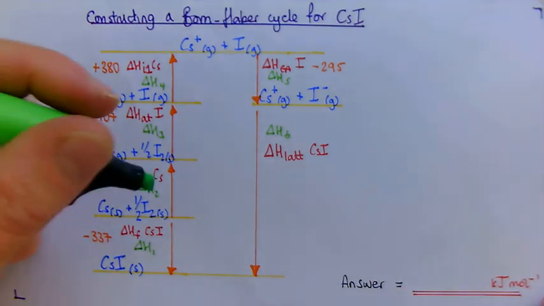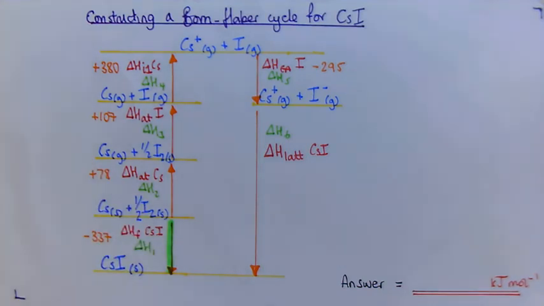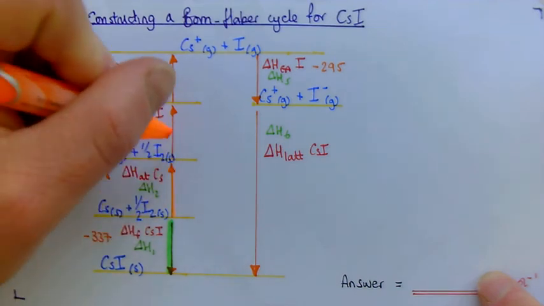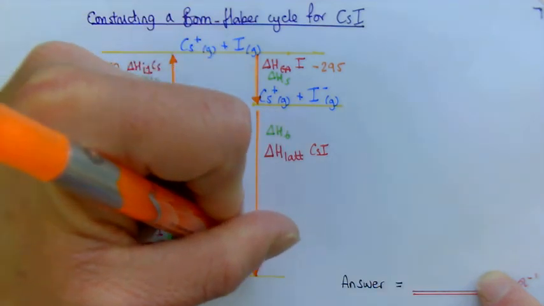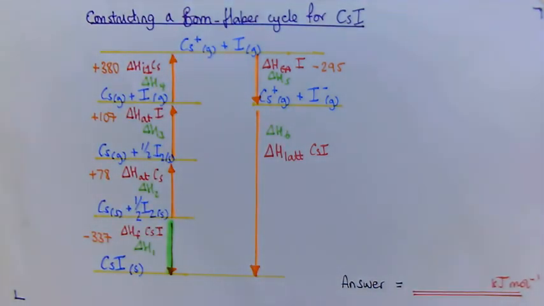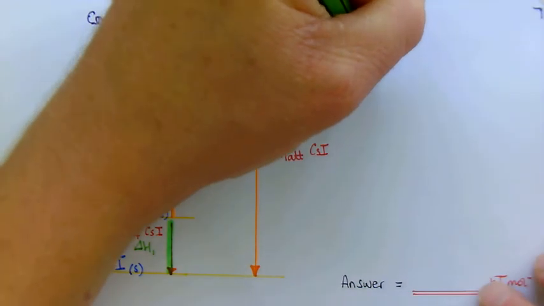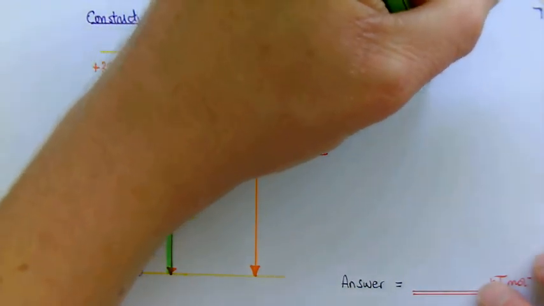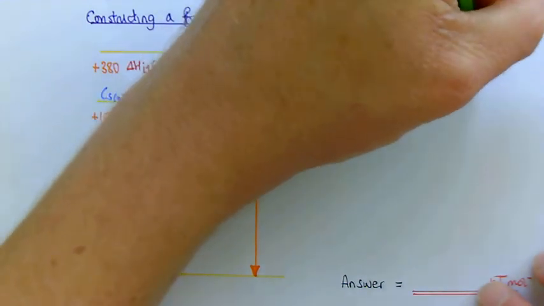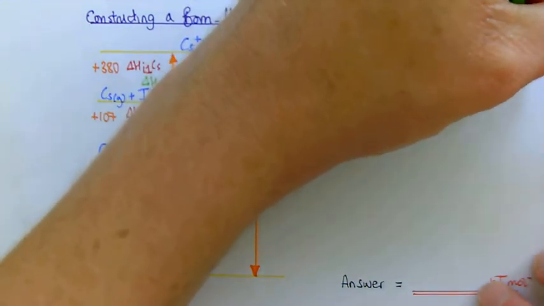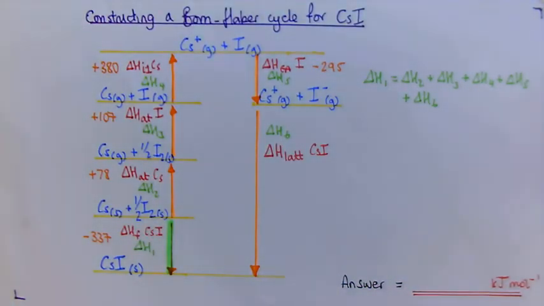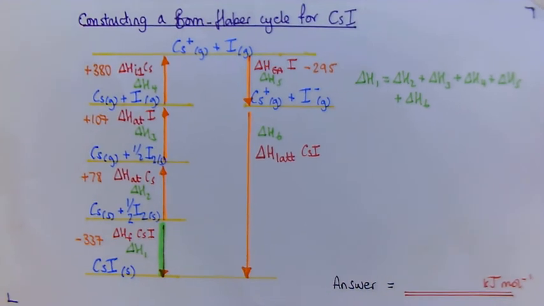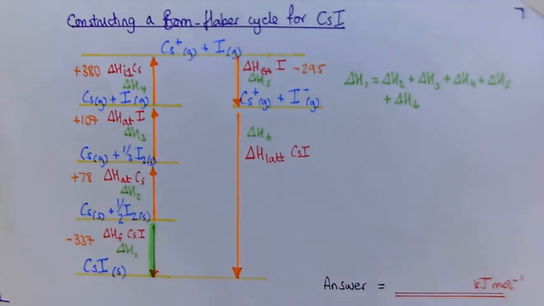You can see that as a cycle, this arrow goes one way, but for the rest of the cycle, the arrows go the other way. So we can write a simple equation: delta H1 equals delta H2 plus delta H3 plus delta H4 plus delta H5 plus delta H6. That's just a simple representation of that cycle.